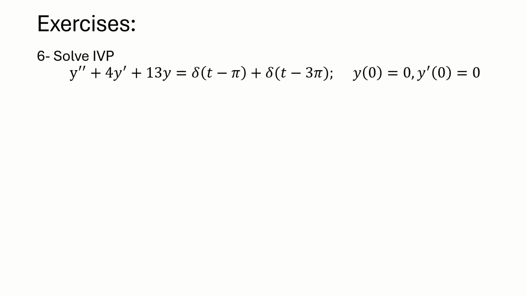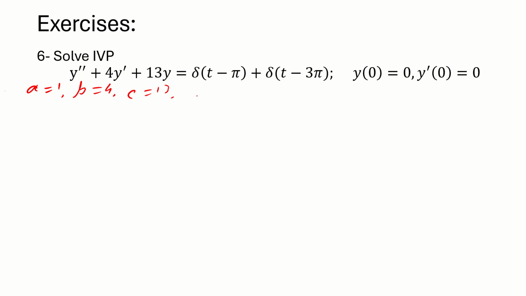Okay, so let's do another example or practice question. It has two different source points, right? The concept is the same. We can write this solution as follows. You see, in this case, again, a is 1, b is 4, c is 13.